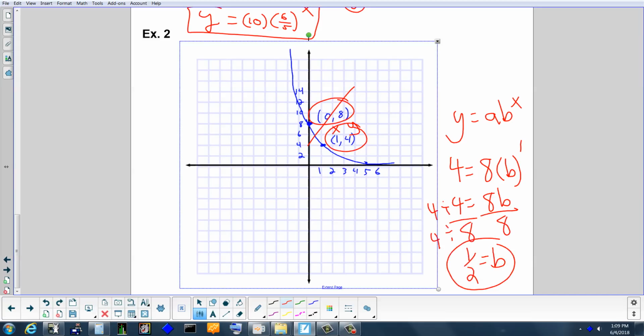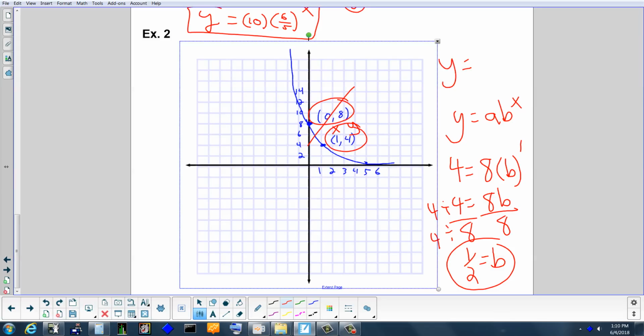So now I have to rewrite my function. What are the only 2 letters I want to plug in for now? A and B, very good. So y equals, what's my A going to be? I'll give you a hint.